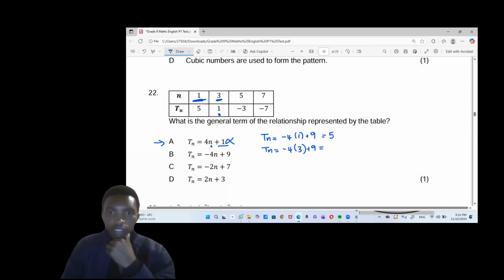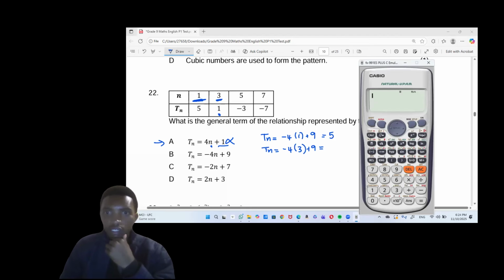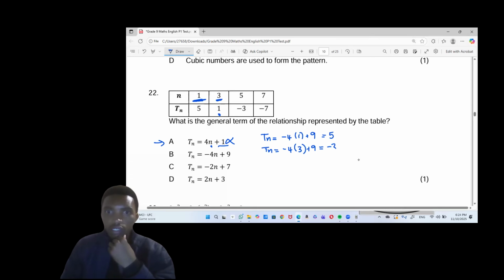It gives us -3. We're supposed to get a 1, but we're getting -3. So it's not correct.